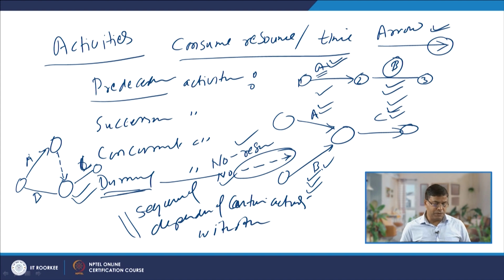So, this is the dummy activity and it shows the dependency of C on A and B both. So, to show the dependency of certain activities on completion of other activities, we use the dummy activity; it does not consume any time or any resource. So, that was about the dummy activities.